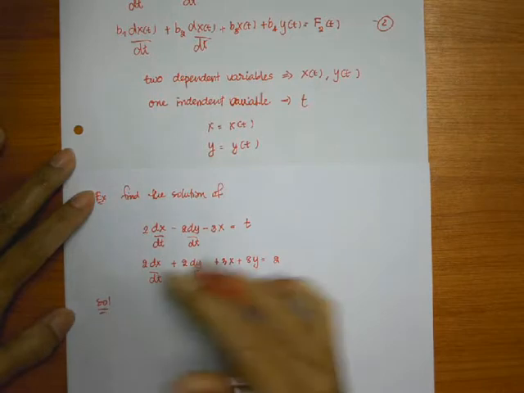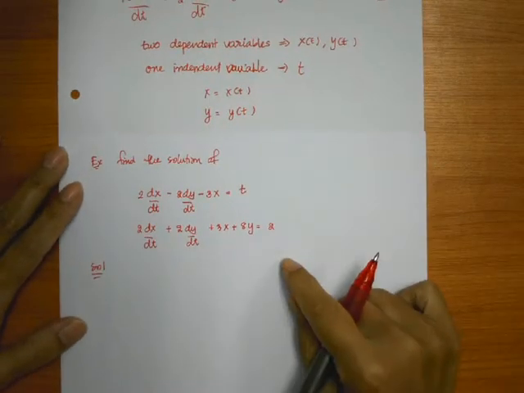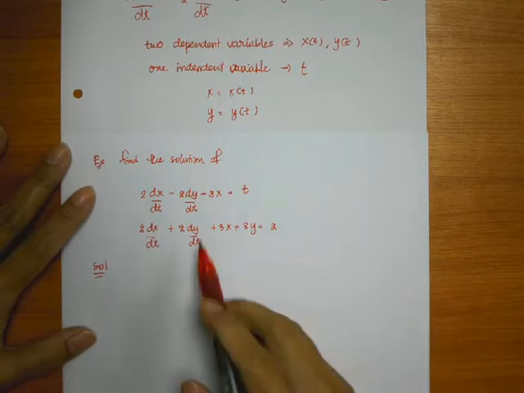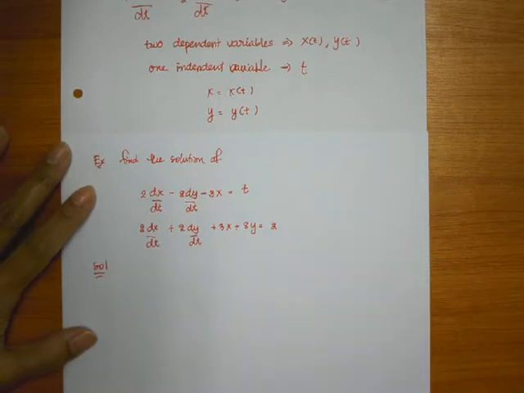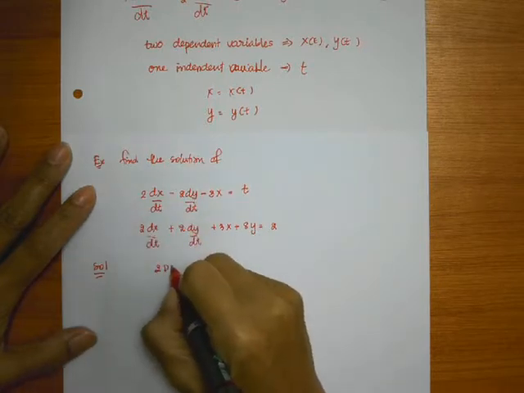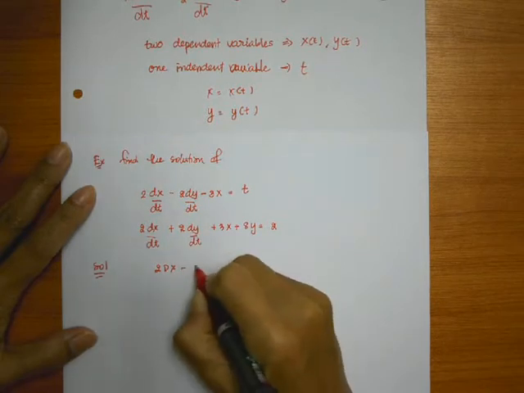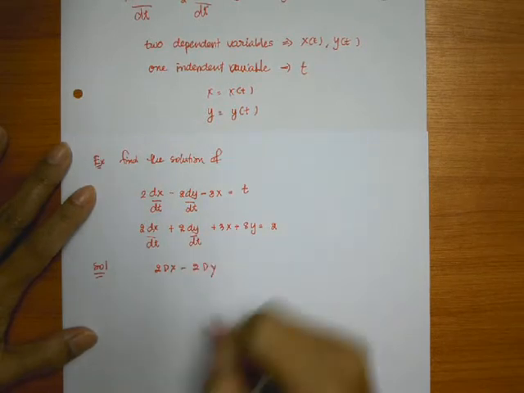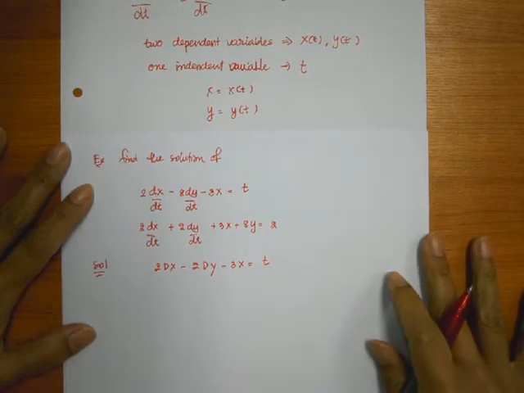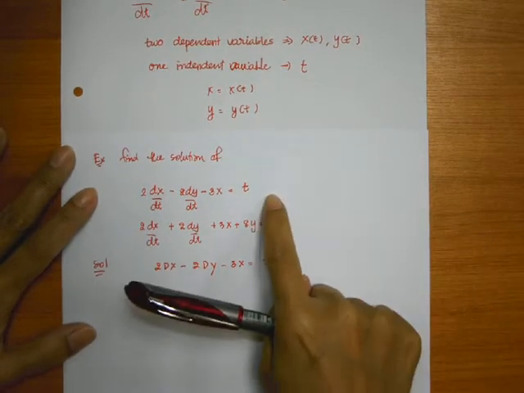The way to solve this type of differential equation is to write our system in terms of the operator D. So we would get 2Dx minus 2Dy minus 3x is equal to t, for our first equation.